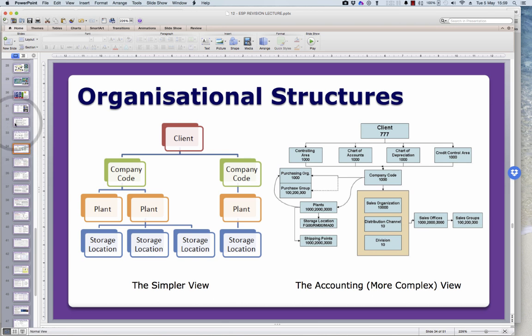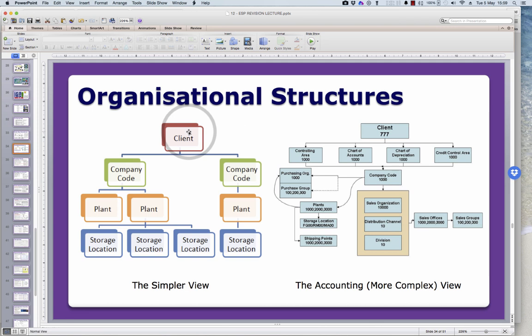Here are some organisational structures, and SAP defines levels of organisational structures in this way. So here we have the client. You could think of the client as being the holding company, the overall global holding company, and company codes as being country codes.